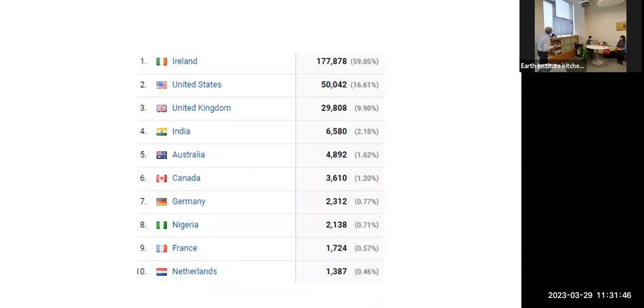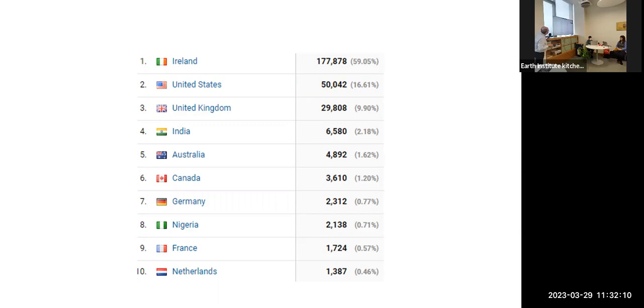Just to give you some idea, most recent stats from late 2022, this is really globally the access, the profile of the users of the Dúchas website. Ireland is on top, naturally enough, almost 60%. That's down from 66% of the total.